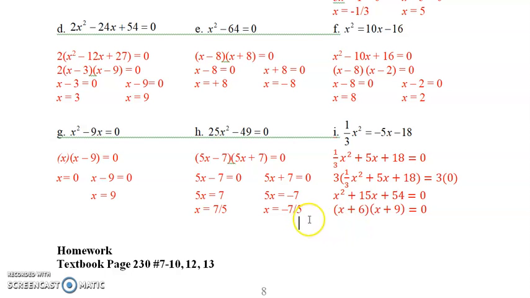And that simply means that x is equal to negative 6, and x is equal to negative 9.